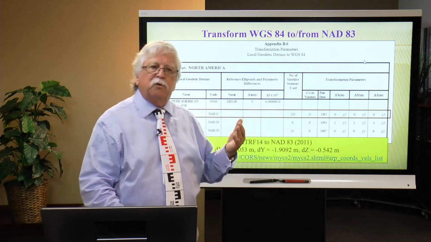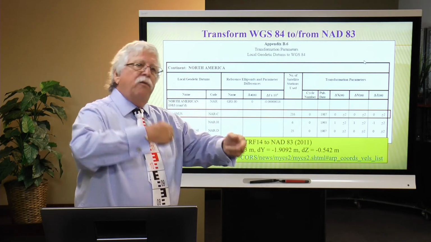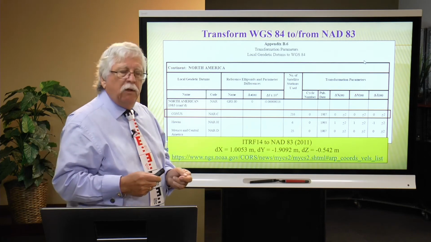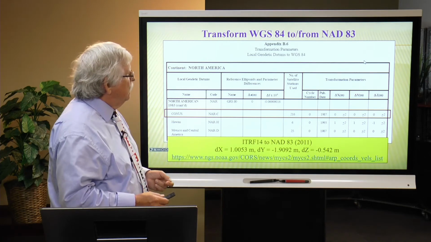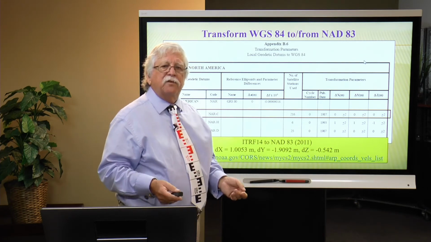The transformations were originally computed in 1987, and even with all the changes in positioning integrity that have occurred well over the last 30+ years, these values have never been changed by the Defense Department.